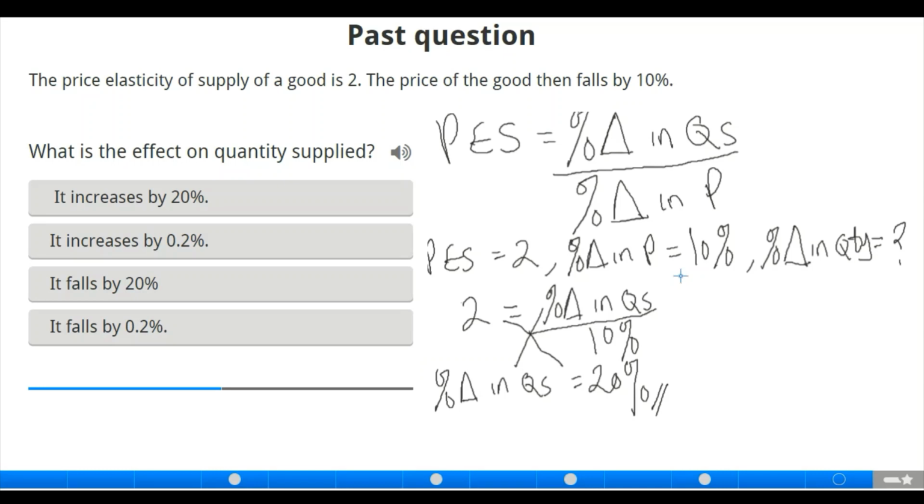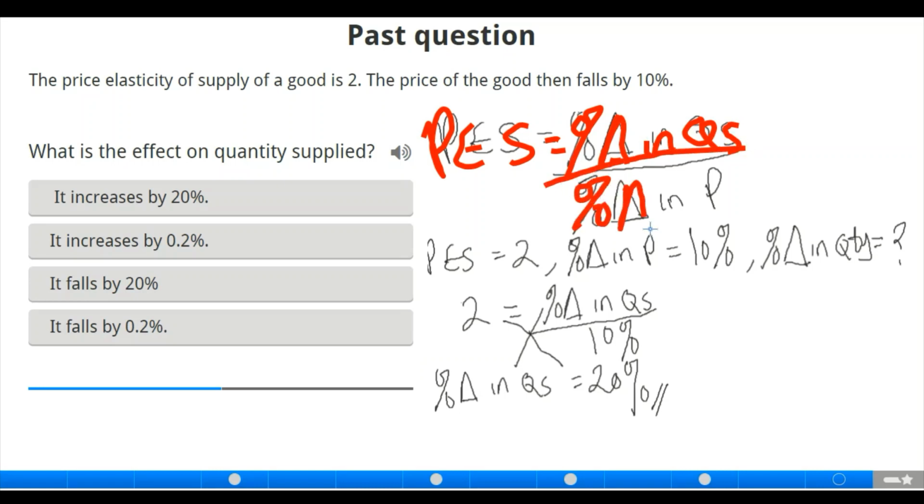But now let us check these calculations out, where we have the formula for price elasticity of supply to be percentage change in quantity supply divided by the percentage change in price.